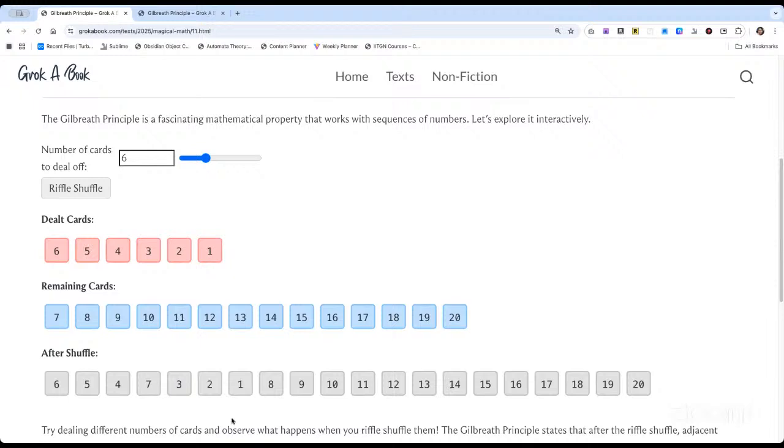You can define them by this physical mechanism, but now we also know that they can be characterized by this pattern: if you look at J-length windows starting from the left and they're all continuous, then you have a Gilbreath permutation. That's a nice structural characterization.